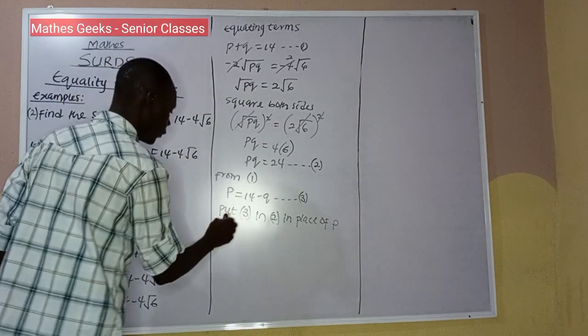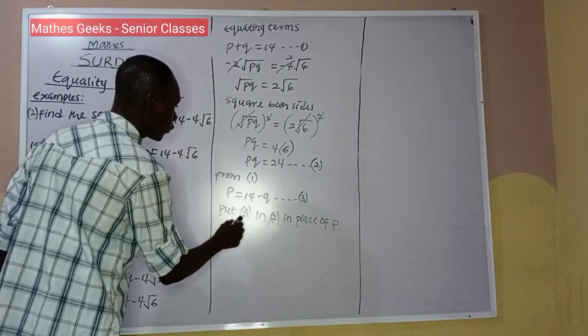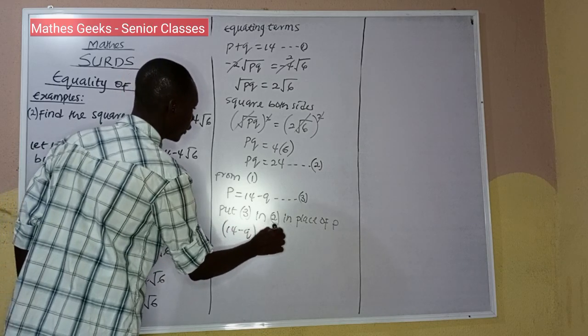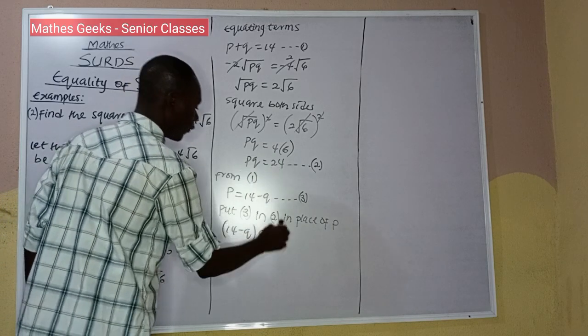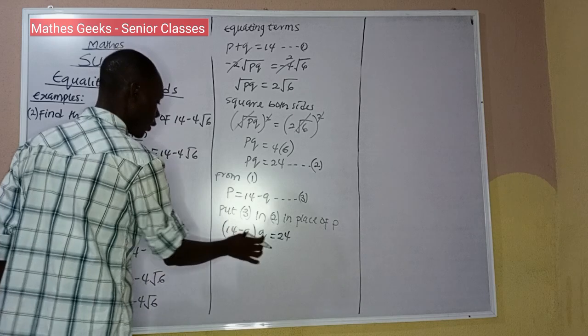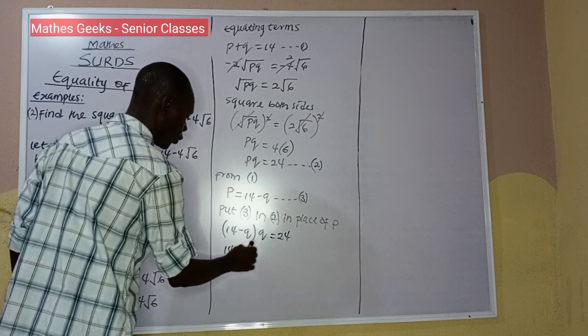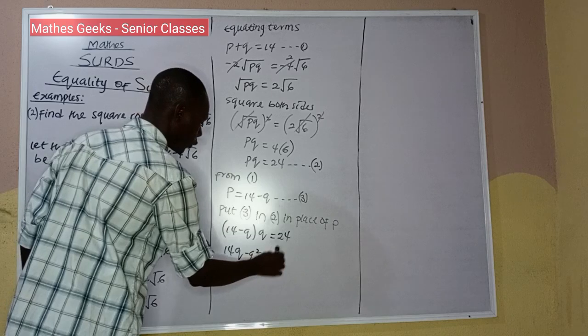So we have here 14 minus q, times q, is equal to 24. So 14 times q, 14q, minus q times q gives us minus q squared is equal to 24.